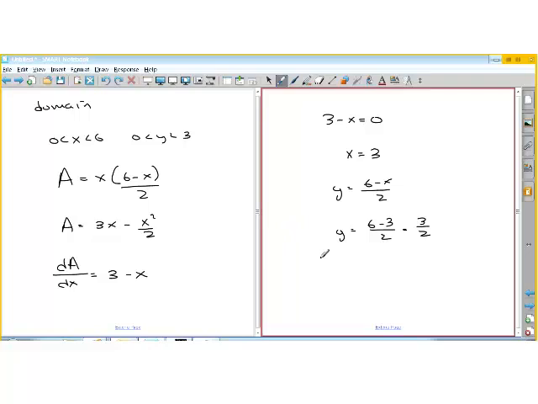And if we want to know whether it's a minimum or maximum, then we take the second derivative, and we get negative 1. So the derivative of 3 is 0, the derivative of x is 1. So we get negative 1.